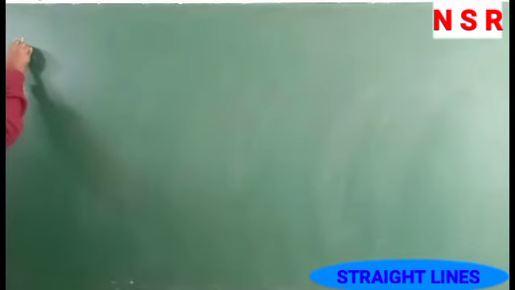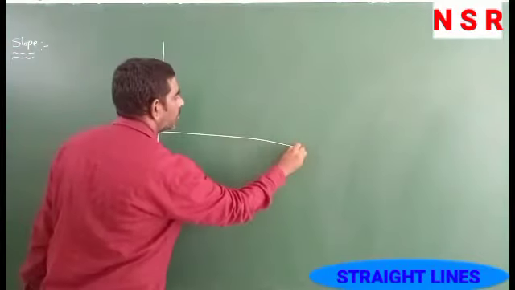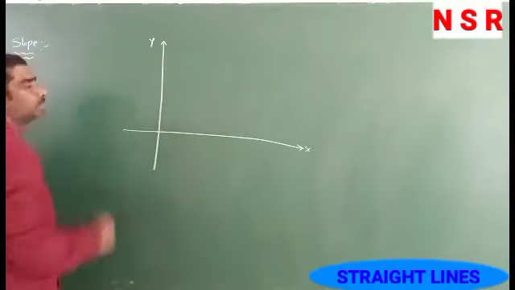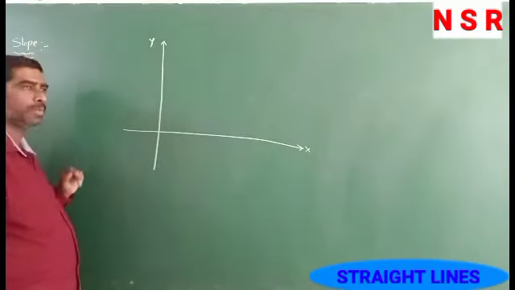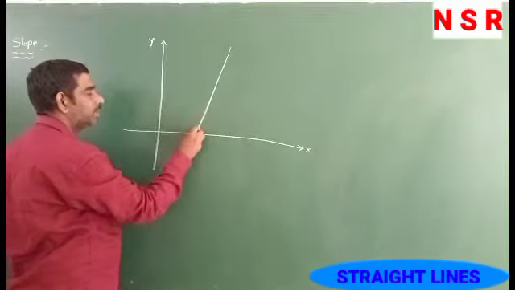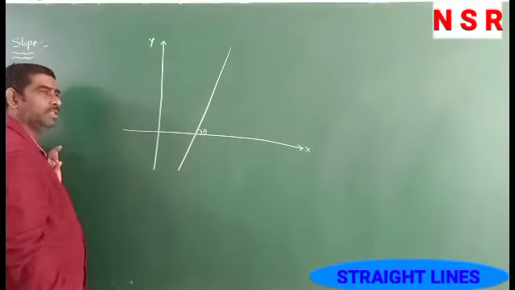So next definition is slope of a line. This is the x and y axis. So what is the definition of slope? A non-vertical line makes angle theta with the positive direction of x-axis.